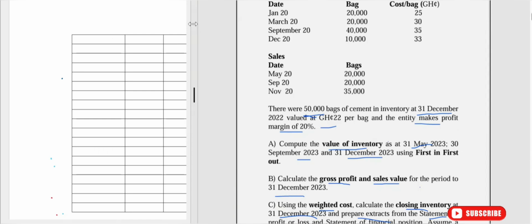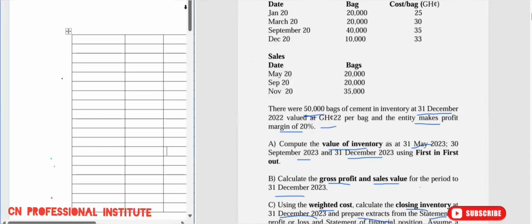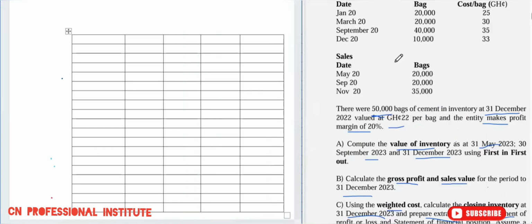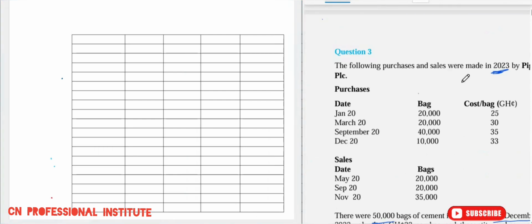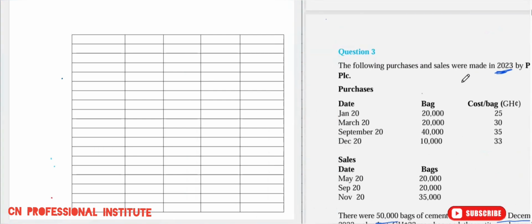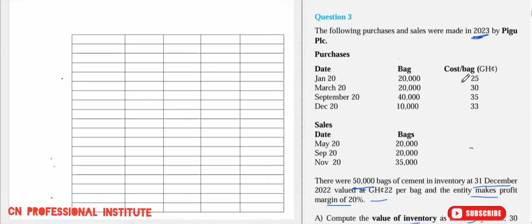Let me reduce the question now so that we can get more screen for our computation. I hope this is visible enough. Let me zoom in a bit. I think we can all see.